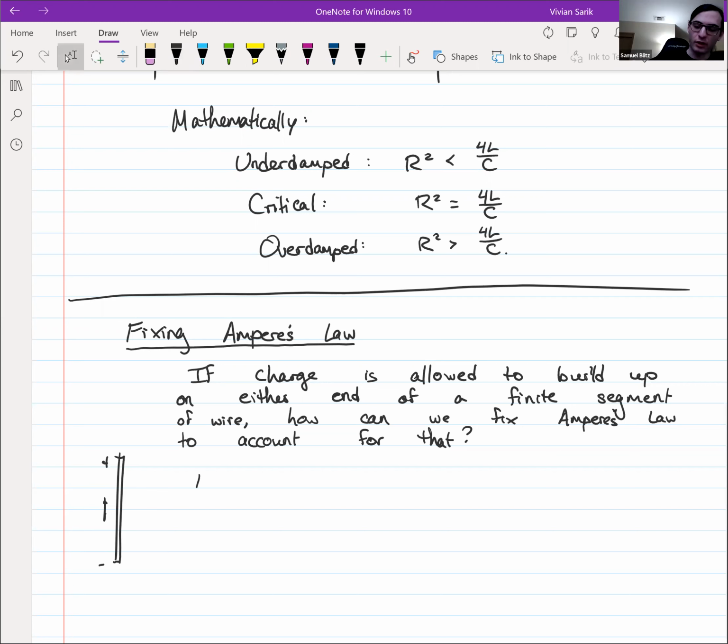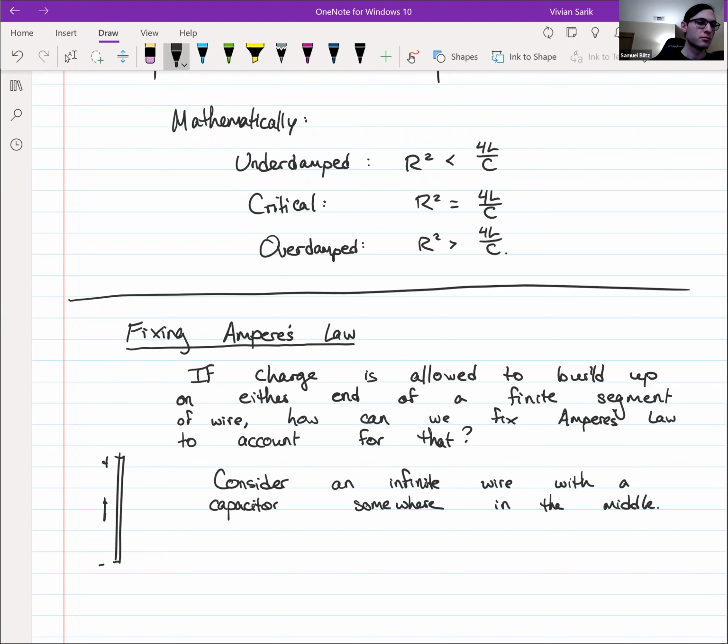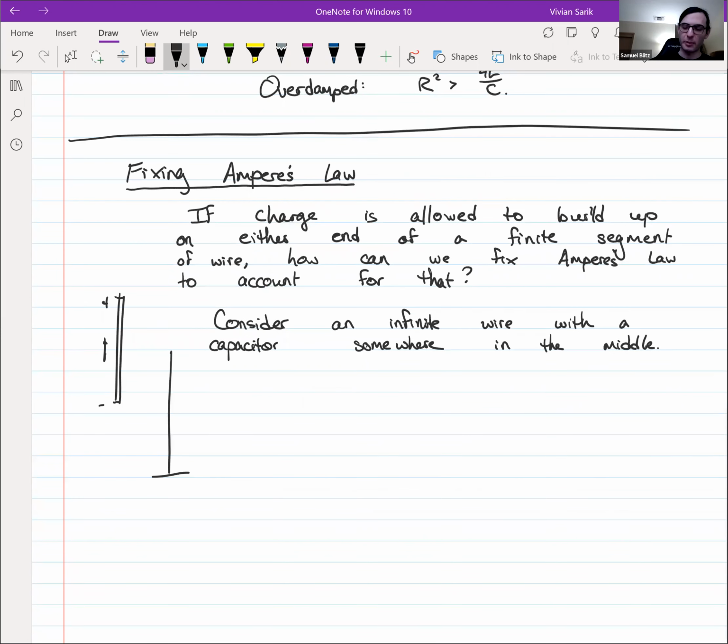So the example here is to consider an infinite wire with a capacitor somewhere in the middle. So the picture here is you have your infinite wire, you have your capacitor, and you have the rest of your infinite wire going down forever.